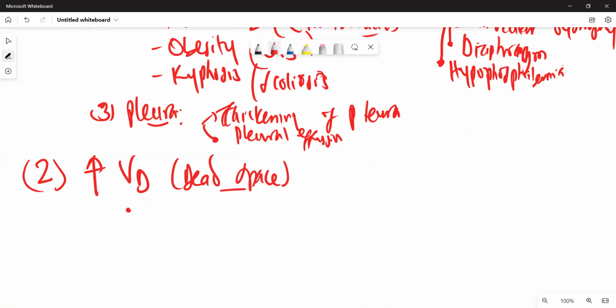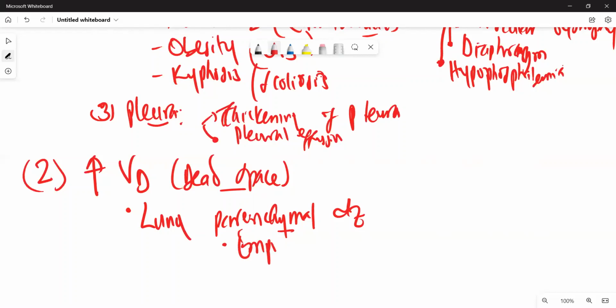So increased dead space could be due to lung disease, right? Like in the case of emphysema, because in emphysema there is a decrease in the surface area, so there has to be some area in the alveoli where the gas is not taking part in gaseous exchange.